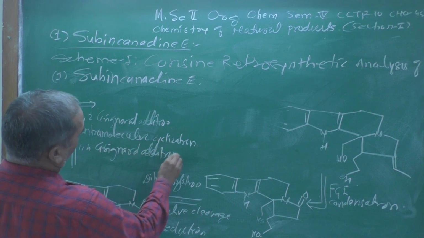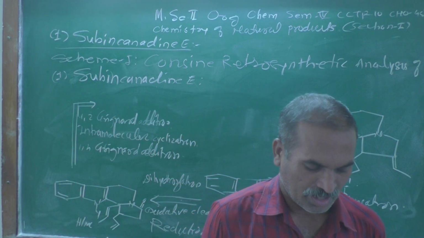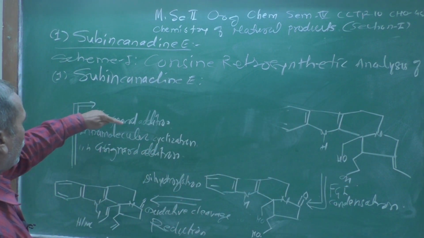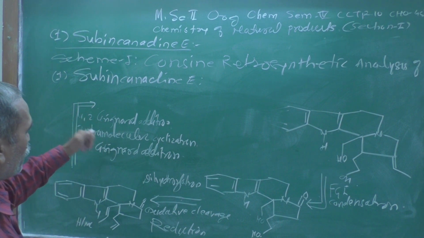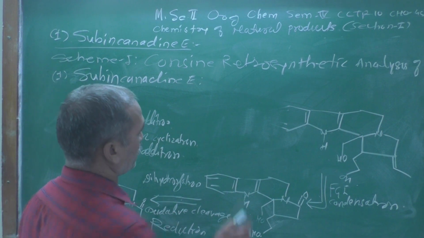Look at here. These are the approaches: 1,2 Grignard's addition, then intramolecular cyclization, then 1,4 Grignard's addition. This is unexpected, but it is the important one.